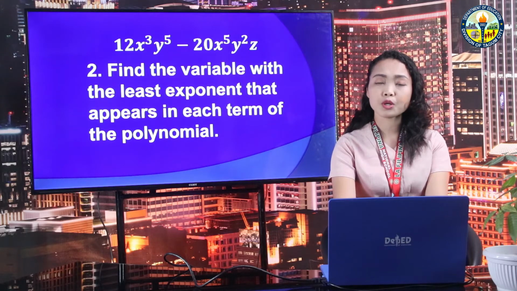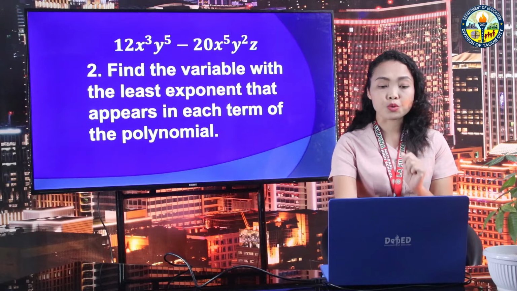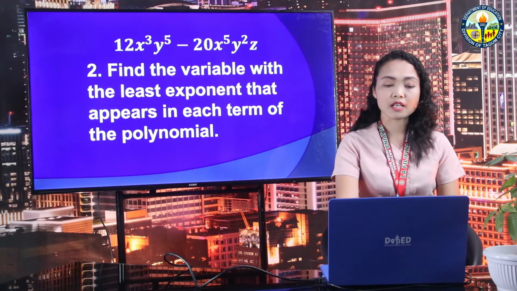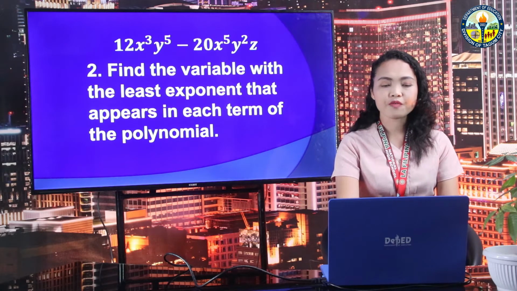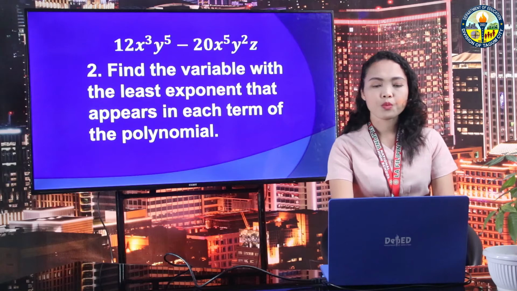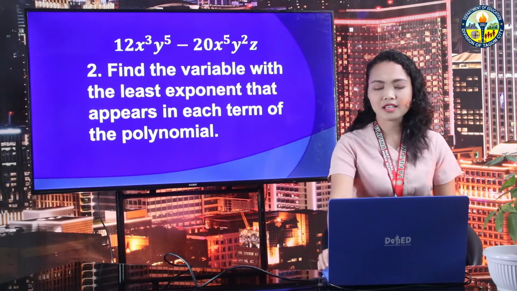And in the second term, we have x to the 5th power. But we are going to choose the variable with the least exponent. Therefore, we have x cubed. And for the variable y, we have y squared. That's for the second step.